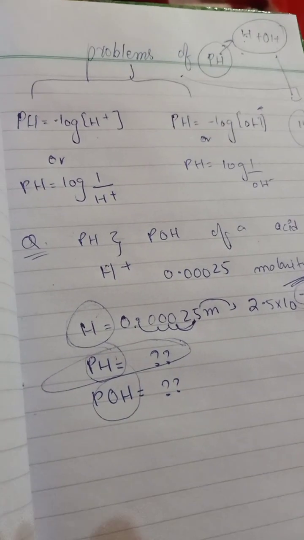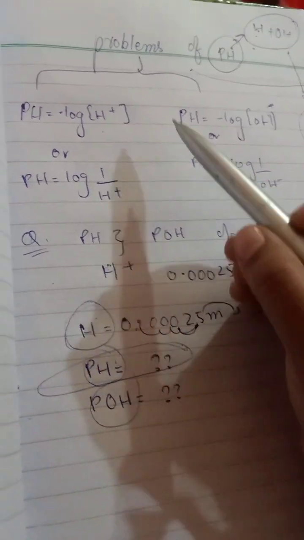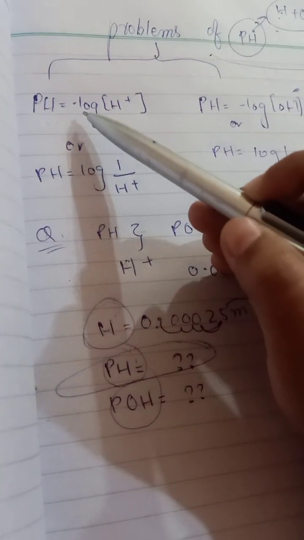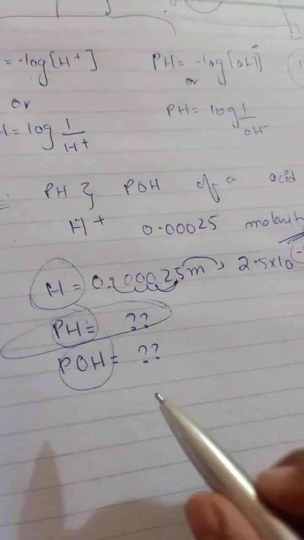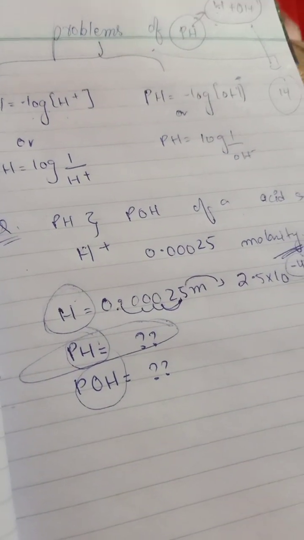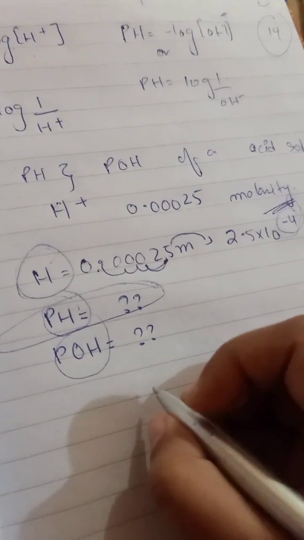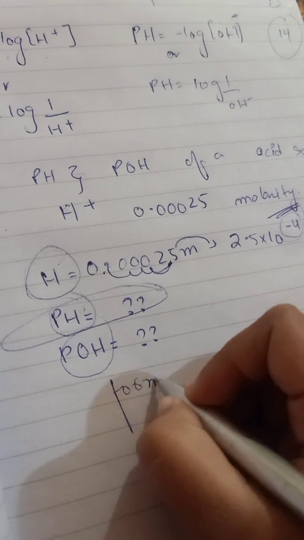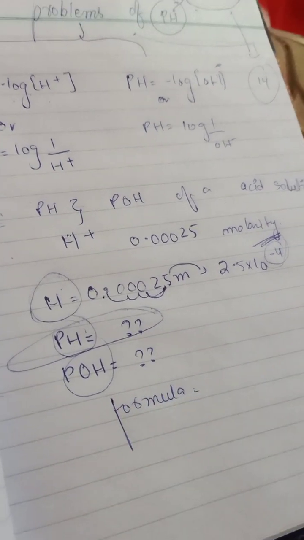Okay, so we have the pH formula, that is minus log of hydrogen ion. So we can write here the formula for finding the pH.